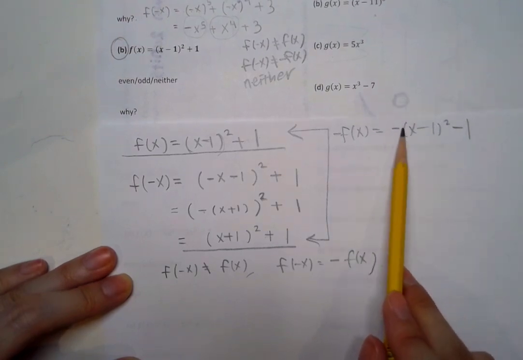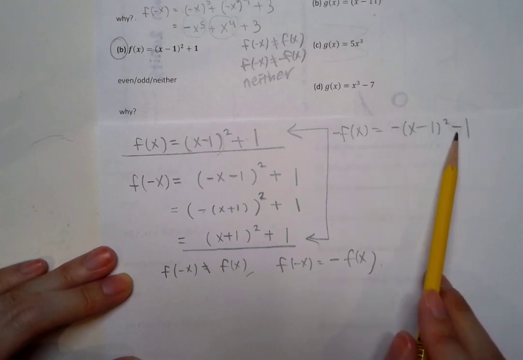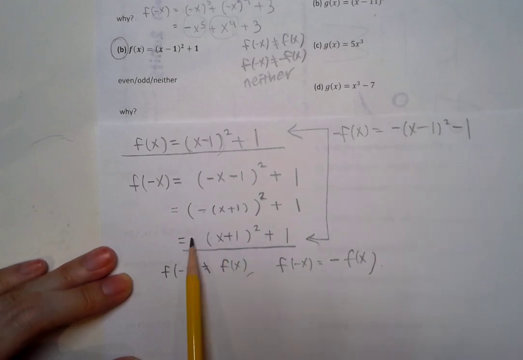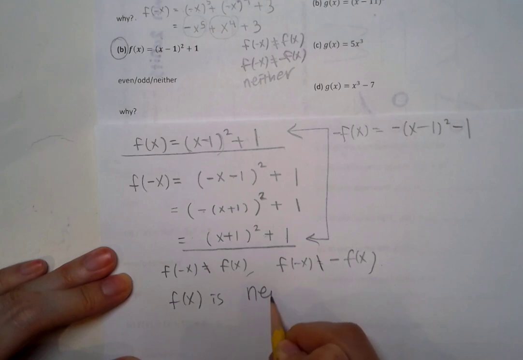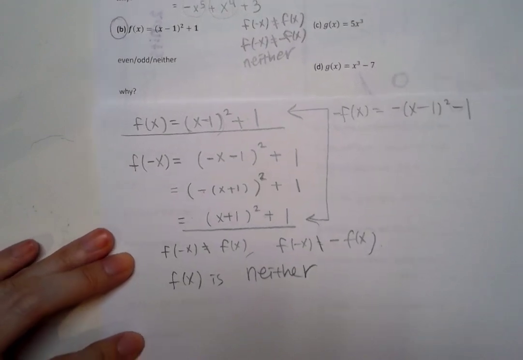So you need to have this negative outside turn to negative, but it is not. So it's not odd either. So f of x is neither. Not even, not odd.